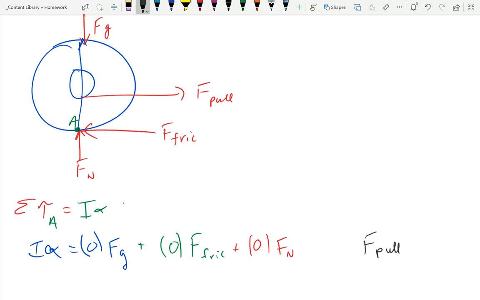The perpendicular distance from point A to force pull. Radius squared isn't a distance. Radius is the distance from here to here. We're looking for the distance from here to here that's perpendicular to force pull. So it's half the radius. What did you say?